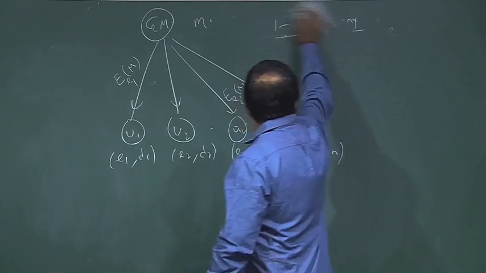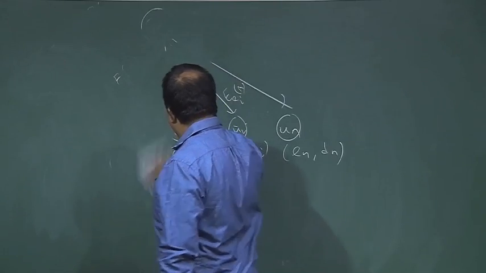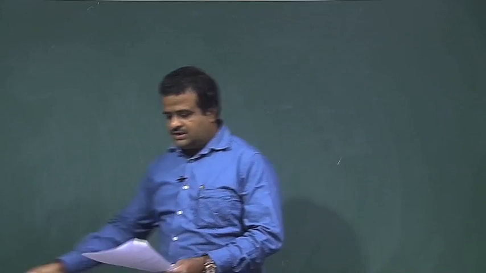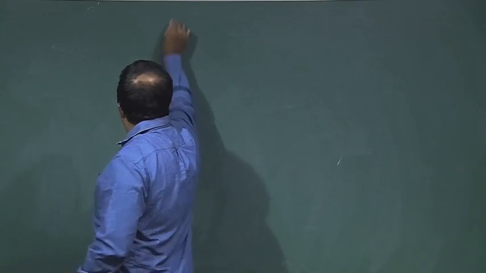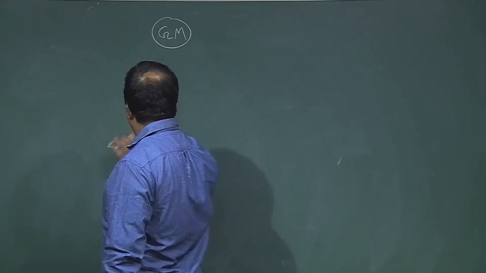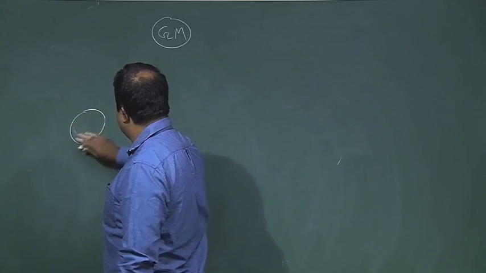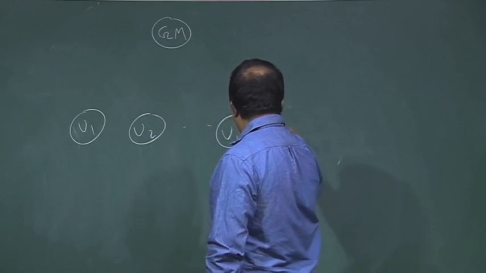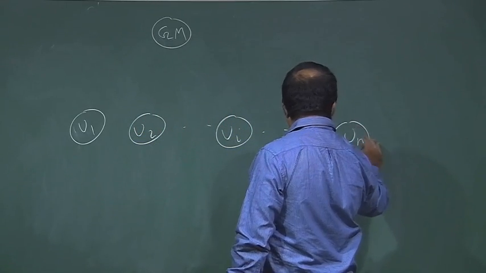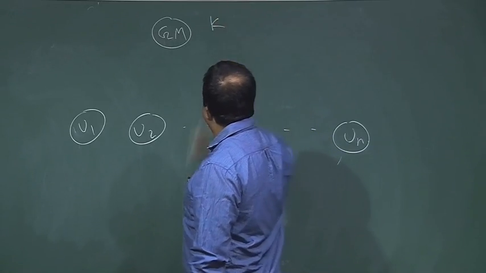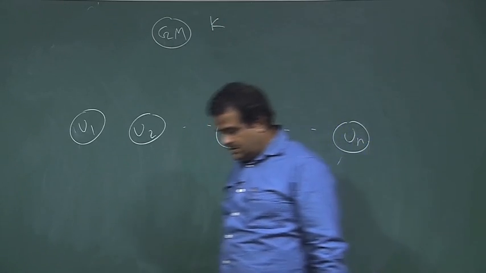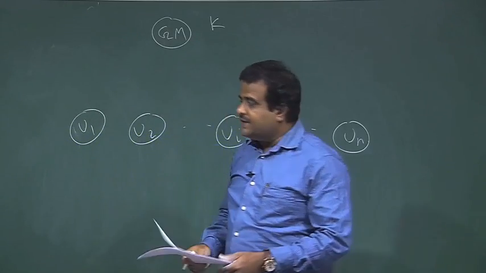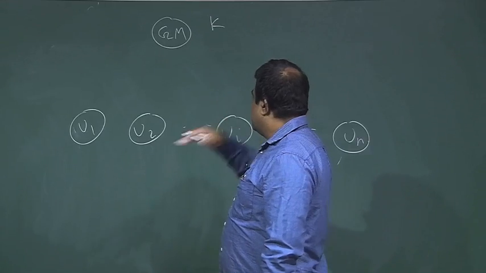So how can we use the Shamir secret sharing scheme for this purpose? Let us say this is the group manager and these are the users U1, U2, UI, UN, and this is the secret key that the group manager wants to share with these users.